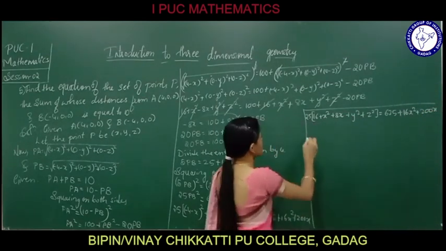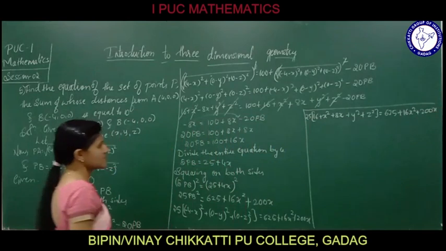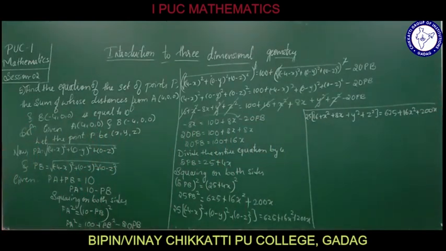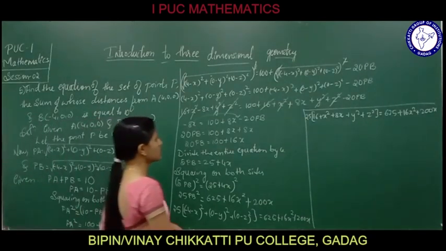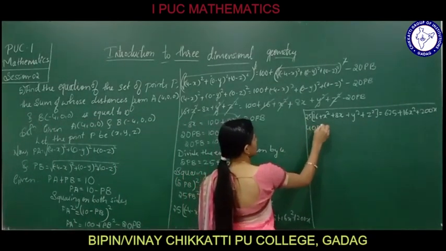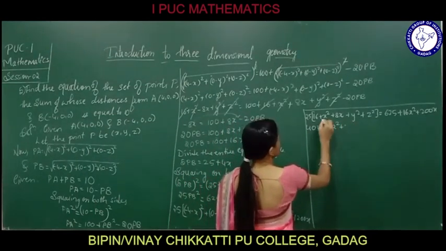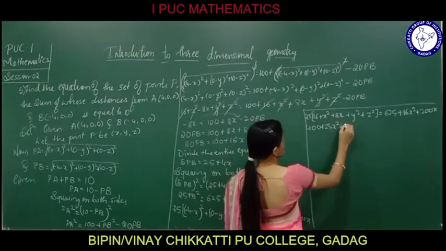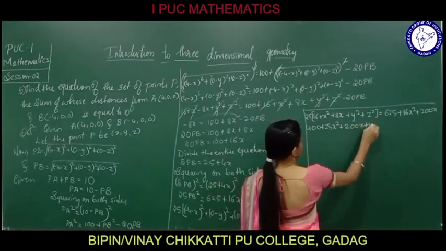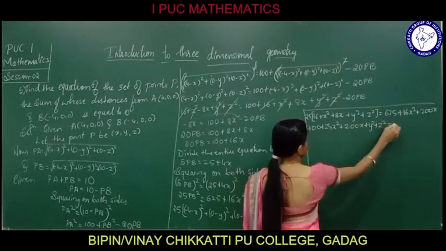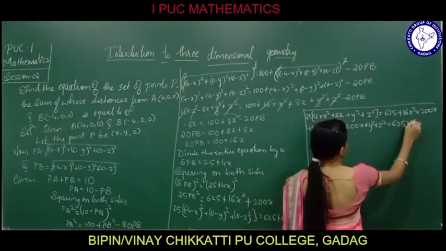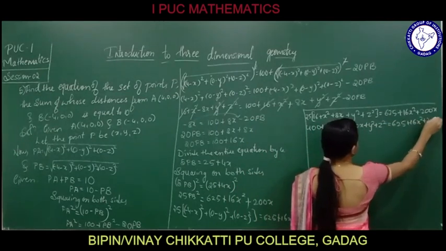Now open the brackets. How much is 25 into 16? I am going to get 400. 400 plus 25x square plus 25 8s, it's going to be 200x, plus y square plus z square is equals to 625 plus 16x square plus 200x.